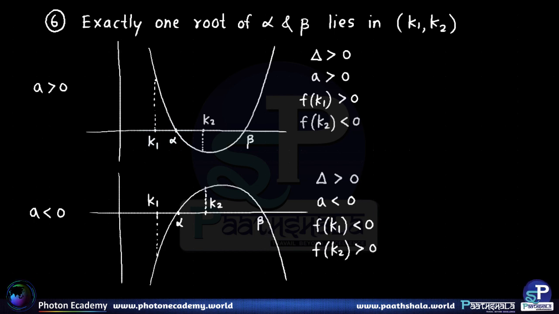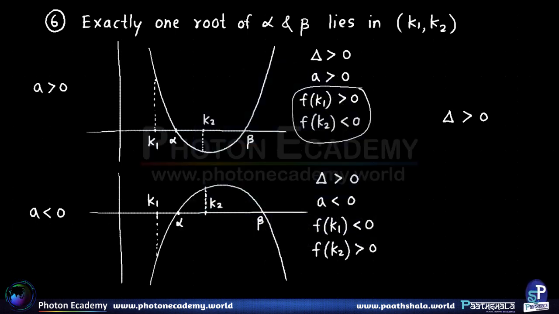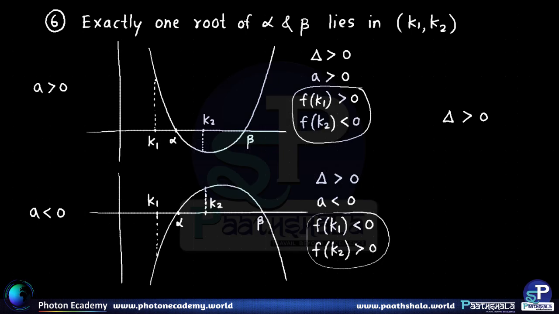So now if you look here, by merging the two conditions, we definitely want delta to be greater than 0. Now here if we see, in the first case we have f of k1 and f of k2 of opposite signs, and so is the case in the second situation also, that is when a is less than 0, still we observe that f of k1 and f of k2 are of opposite signs.